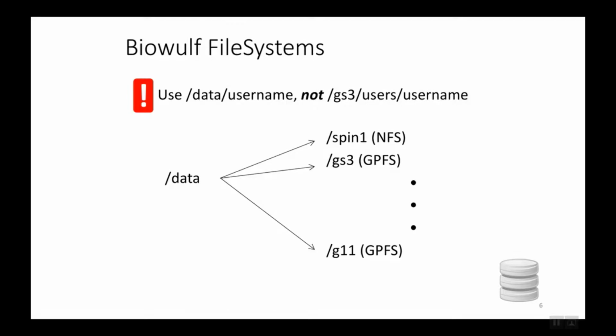However, because the storage administrators can and often do move data directories between different file systems, you should always use /data/your username, or in the case of a shared directory, /data/ whatever the name of the shared directory is, instead of the /gs whatever or /spin1 path, because that way, if your data directory is moved, your scripts will continue to work.